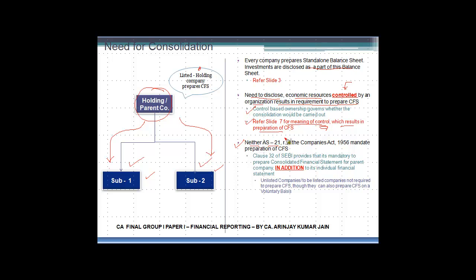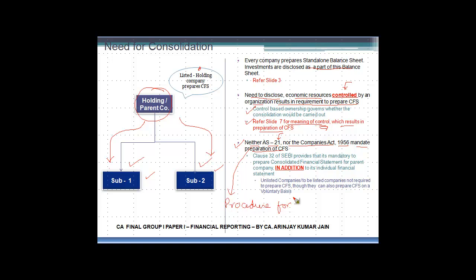Neither AS 21, Accounting Standard 21 of India, nor the Companies Act 1956 mandates preparation of CFS. This is interesting. So it is not the Companies Act or Accounting Standard 21 which says that you have to prepare consolidated financial statements. Accounting Standard 21 just gives the procedure for consolidation.